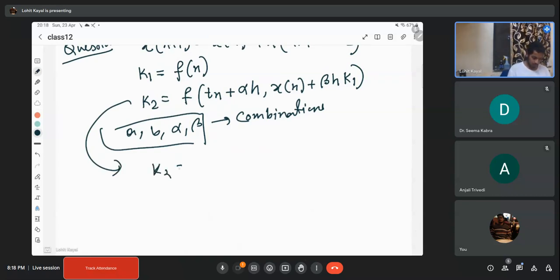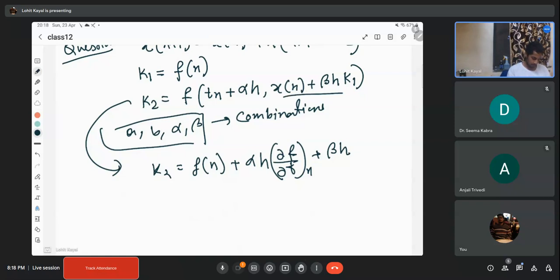So k2 will be equal to f of tn, plus alpha h del f del t at tn, xn, plus beta h k1 del f del x at n.